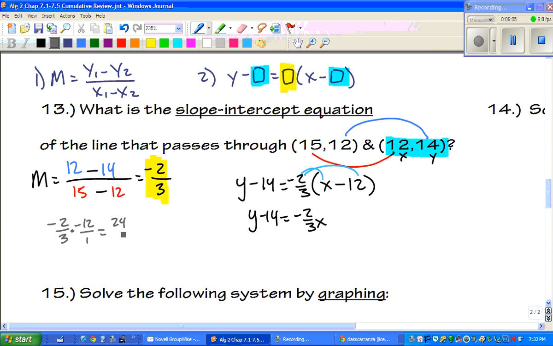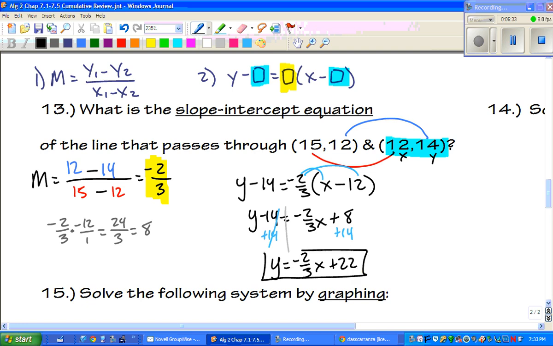You multiply the top, you get 24. It's positive. The bottom is 3. 24 divided by 3 is 8. Positive 8. Now, we're not done yet because we have to add that 14 to the other side. And then once you get that, you get your slope-intercept equation of y equals -2/3 x plus 22. Okay? And I'll actually make that look like a 3.